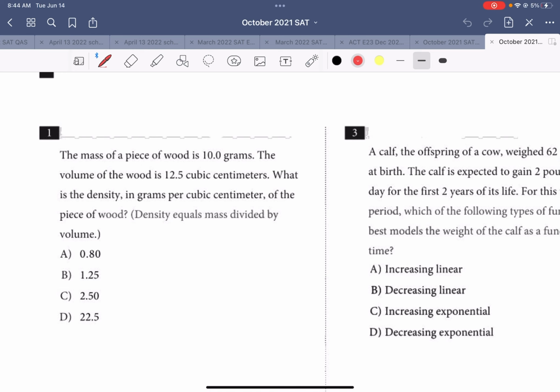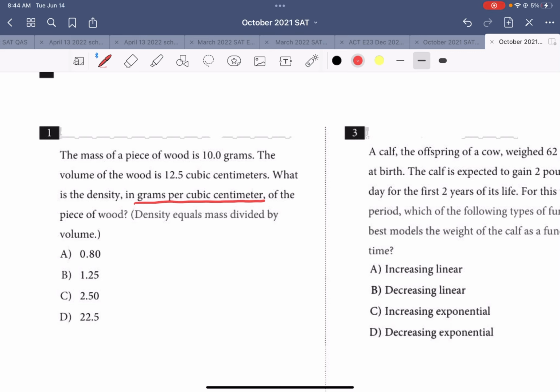The mass of a piece of wood is 10 grams. The volume of the wood is 12.5 cubic centimeters. What is the density? They gave you the unit here. So it's mass over volume of the piece of wood. So density equals the mass divided by volume.